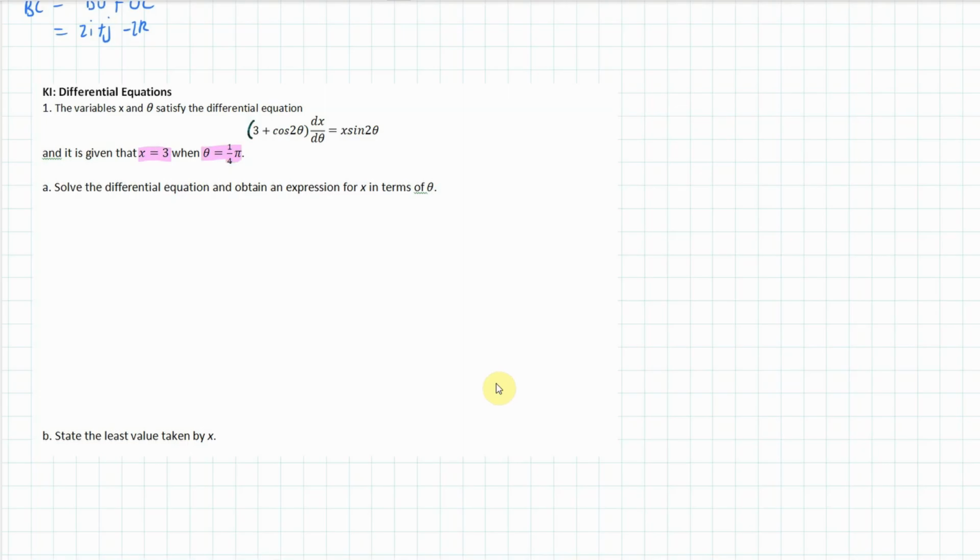What am I going to do here? Okay, my first step is I'm going to get that d theta across the other side. So I'm going to go 3 plus cosine 2 theta dx equals x sine 2 theta d theta.